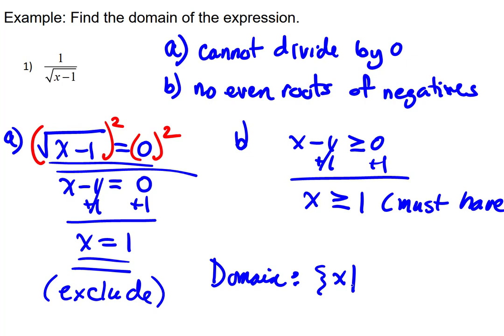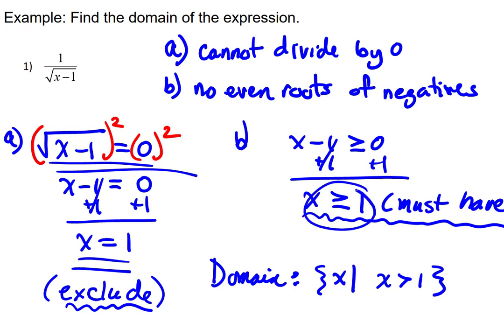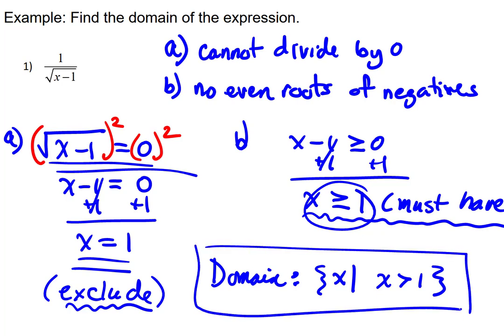What we know is that these x's must exclude 1, and they have to be greater than or equal to 1, all at the same time. Well, to put those two together, this means x simply has to be greater than 1. You see, if x is greater than or equal to 1, this technically includes 1, but our first condition said we have to exclude 1. So the summary would simply be all x's such that x is greater than 1.